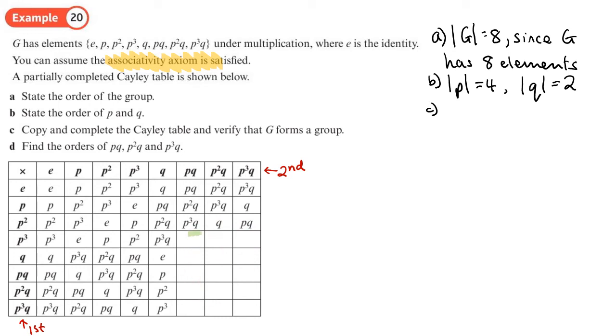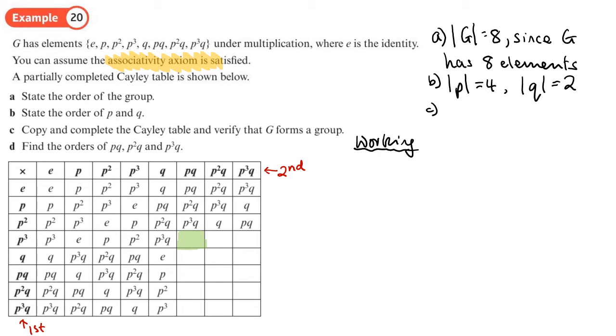So let's start with this box here. So that's going to be what we get by doing P cubed times PQ. Okay, so let's just write this down. Let's just write working.